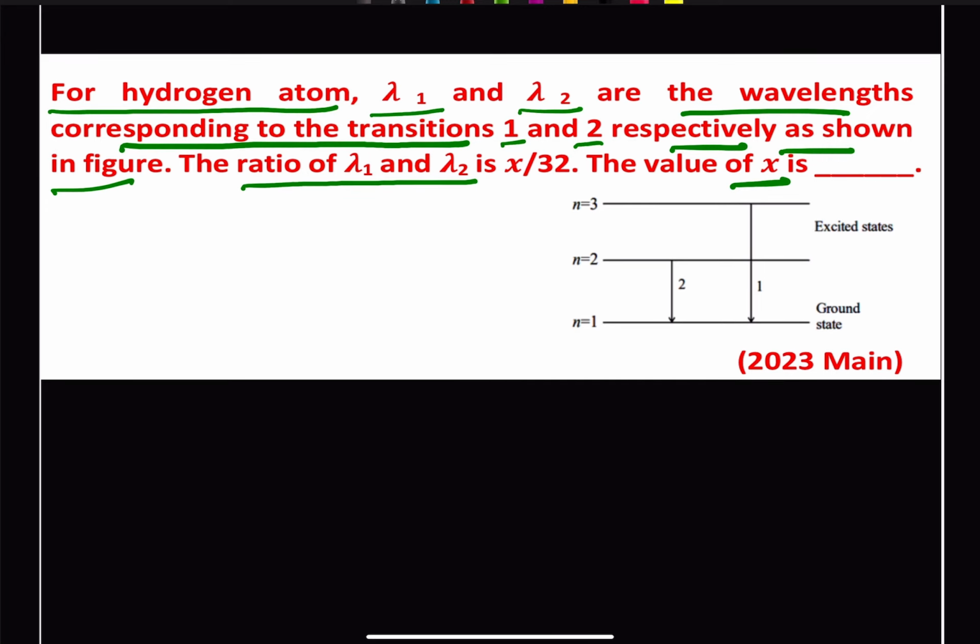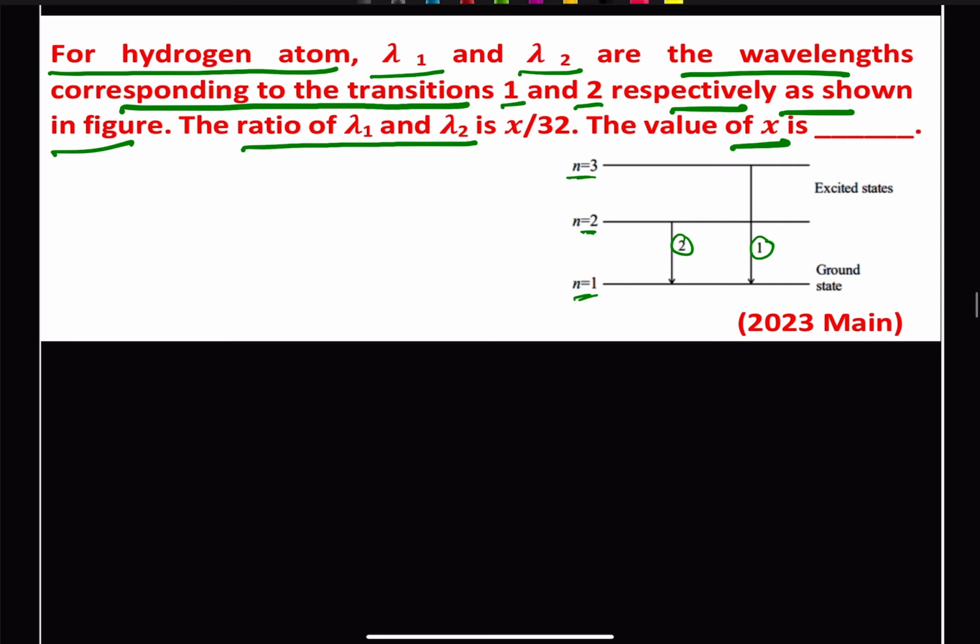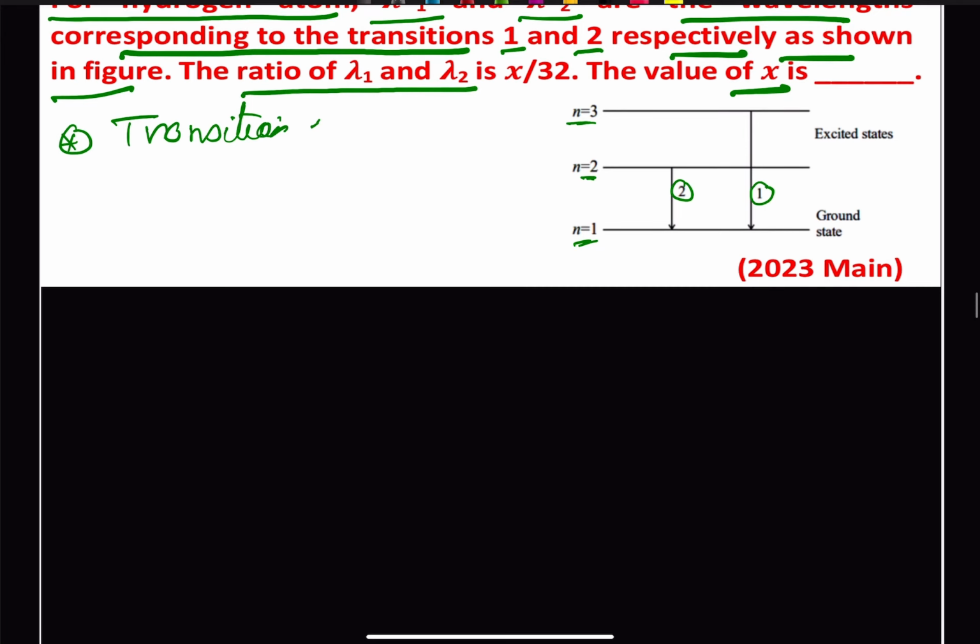So we are having two transitions. Transition 1 is from n3 to n1, and transition 2 is from 2 to 1. We have our wavelength lambda 1. Therefore we can say we are having transition n3 to n1.